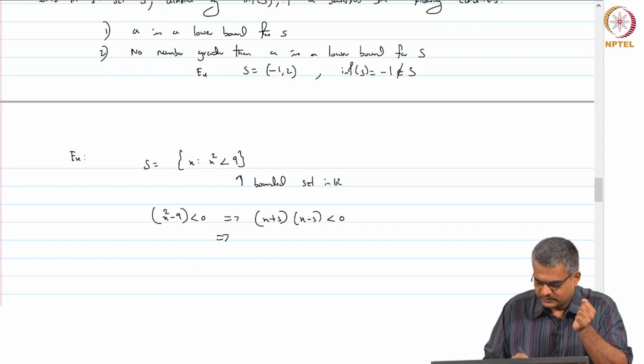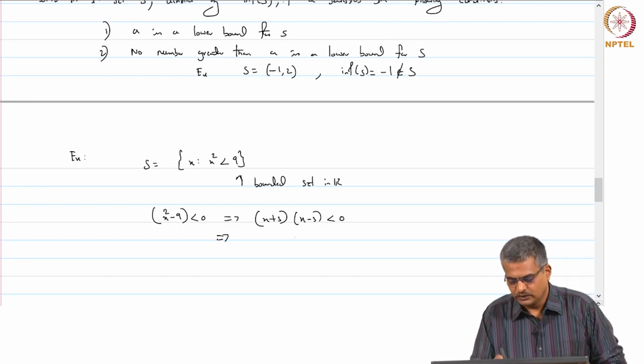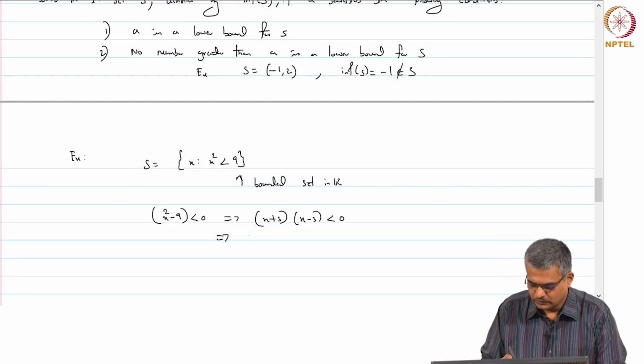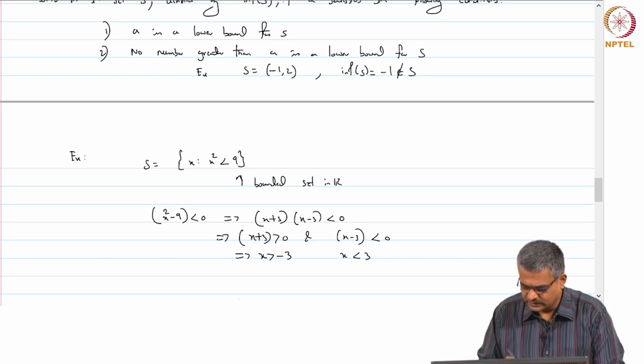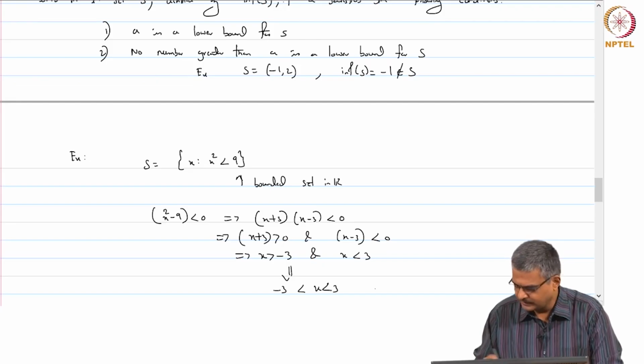So, it implies this has to be positive and this term has to be negative: x plus 3 has to be positive and x minus 3 has to be negative, which implies x is greater than minus 3 and x is less than 3, right. Together this implies that x is greater than minus 3, but less than 3.